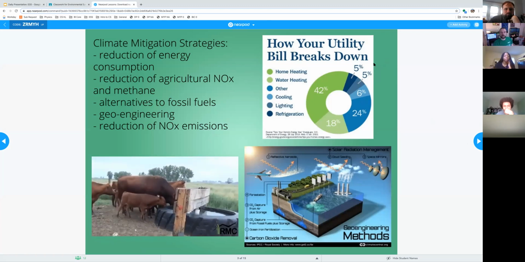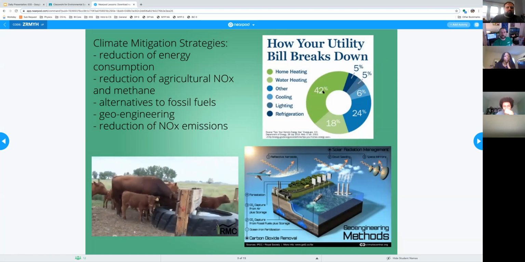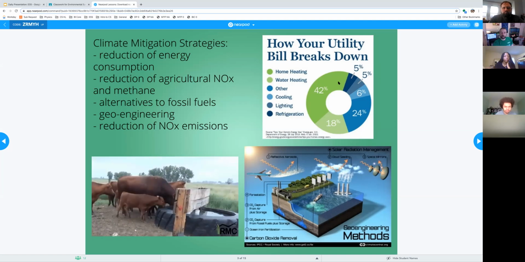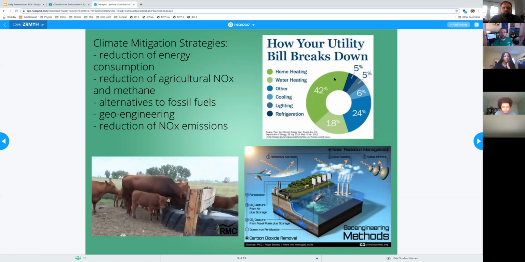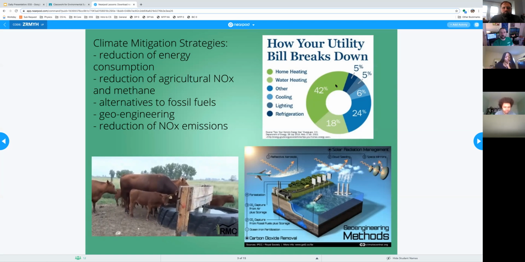We can see here that heating your home, we saw that when we did the activity, takes up, according to the Department of Energy, so the US government, in 2015, an estimate that 42% of your utilities, meaning electricity and gas, is due to home heating.